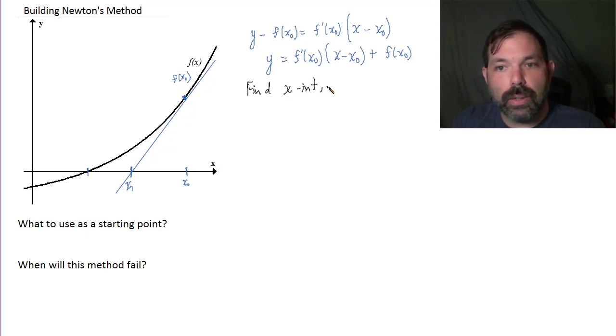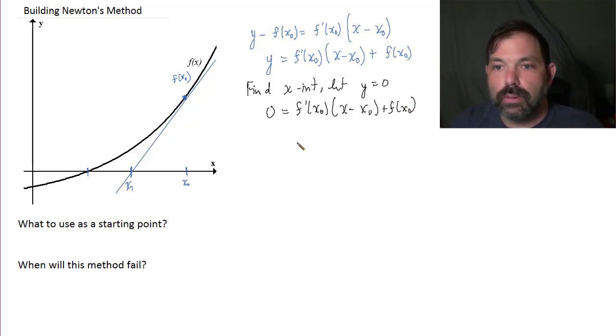Well, to find an x-intercept, we let y equal 0. So then I'd have 0 equals f prime of x0 times (x minus x0) plus f of x0. And now to solve this for x.